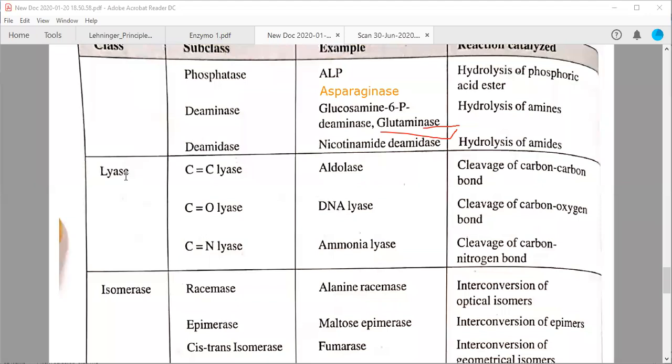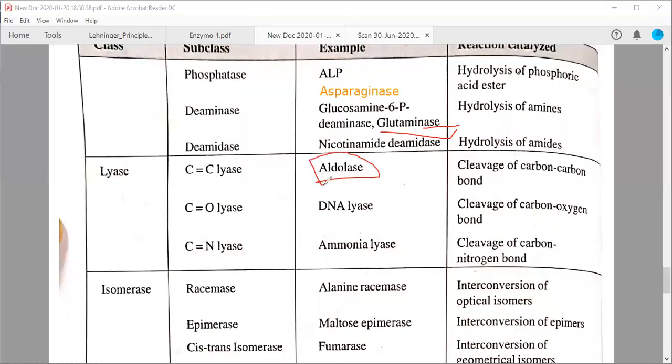Then there are lyases, which will lyse either C double bond C, which is the first subclass; the second subclass is C double bond O lyase and C double bond N lyase. So they include aldolases, DNA lyase, and ammonia lyase, which we have discussed in the table actually. You need to remember this aldolase is important.